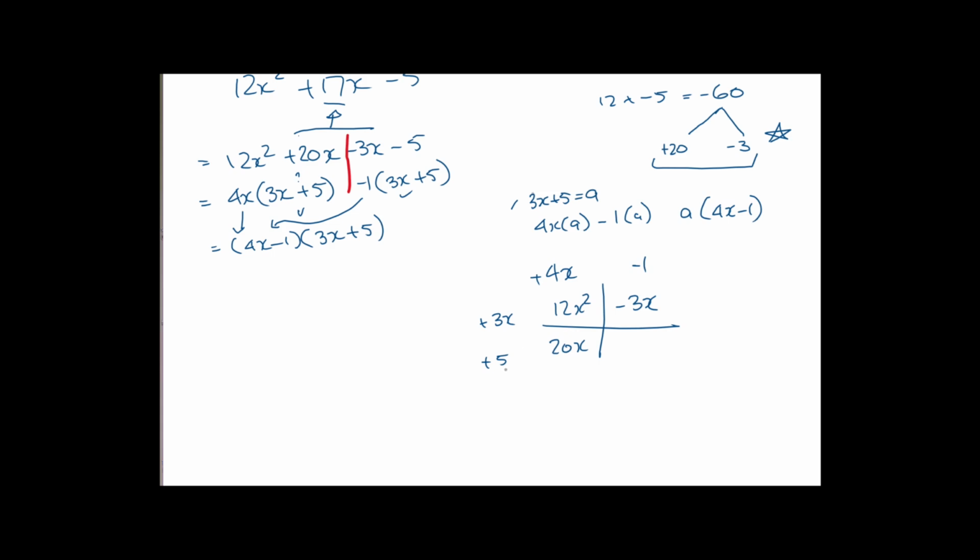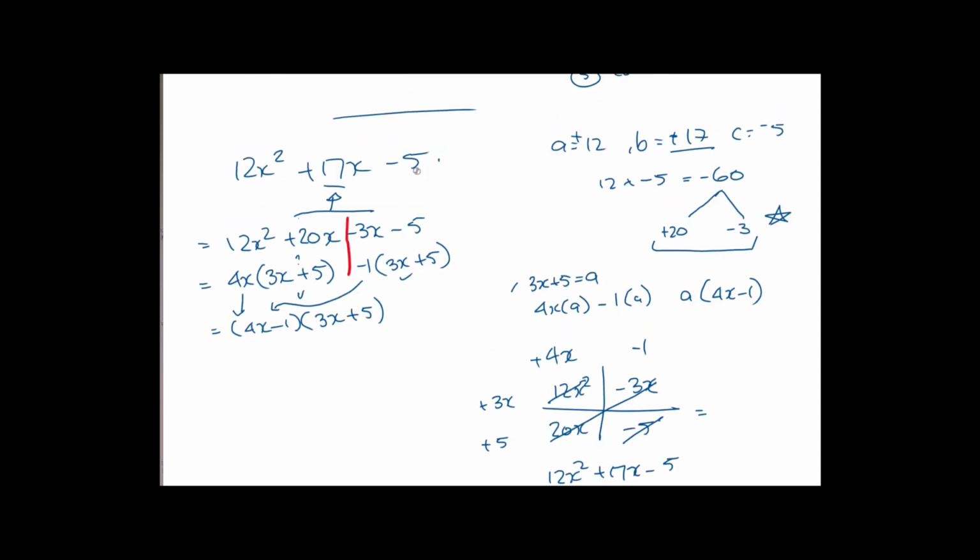Negative 1 times 5 is negative 5. So that's going to be equal to 12x squared plus 17x minus 5, which is what we started with up here. This is the same.